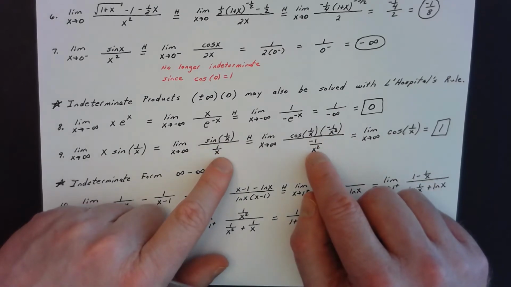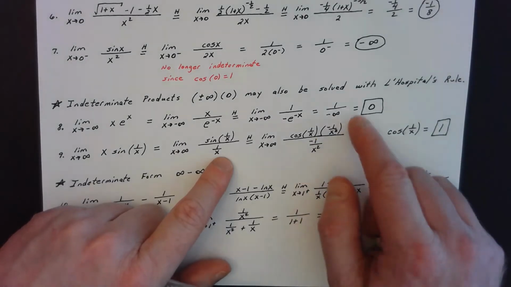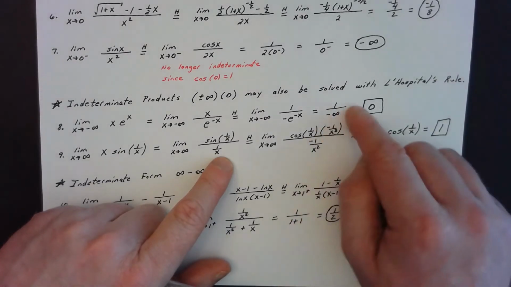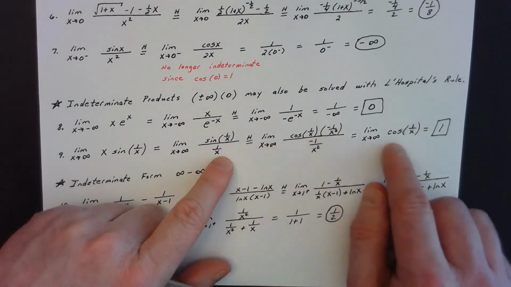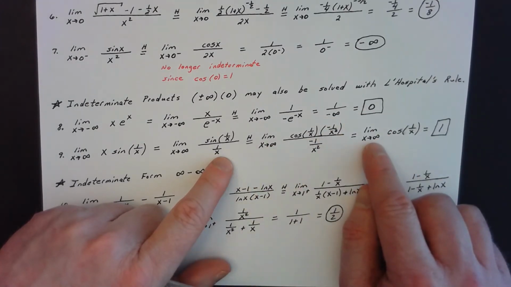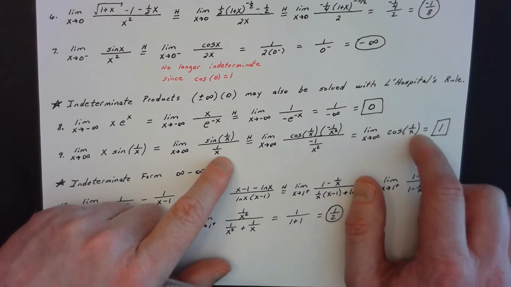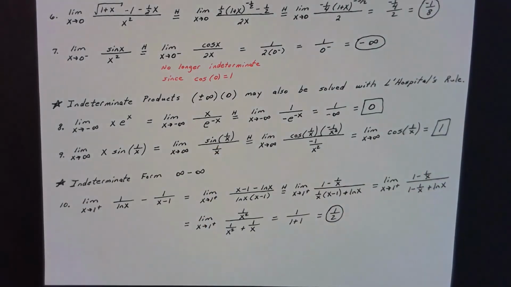Same thing in the denominator. Derivative of x to the negative 1 is negative 1 times x to the negative 2, or negative 1 over x squared. Clearly, those cancel in this step, and I can say, well, this is just equal to the limit as x approaches infinity of the cosine of 1 over x. That becomes the cosine of 0, and the cosine of 0 is 1.